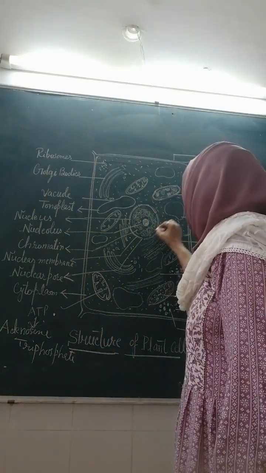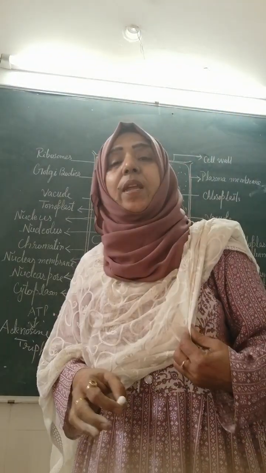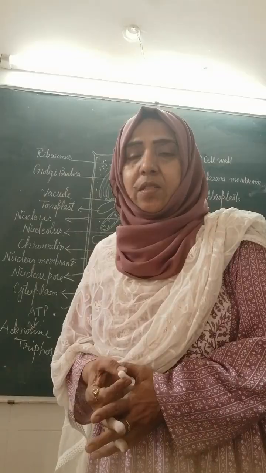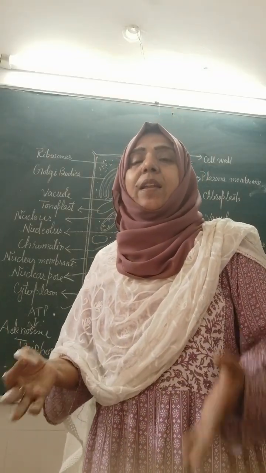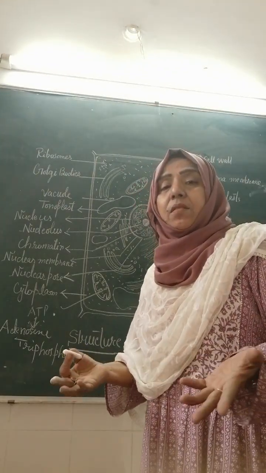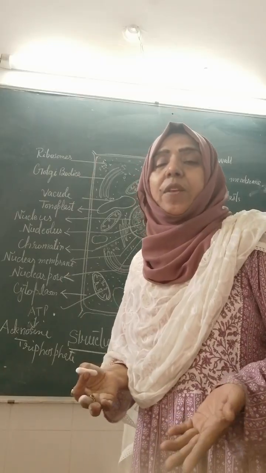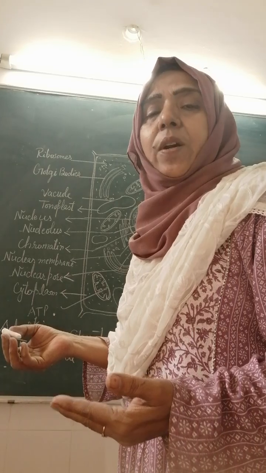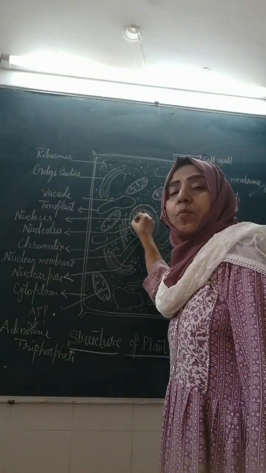So this chromatin network plays a very important role in transferring each and every character from parents to their offspring. Each and every character, that is type of plant, type of height, type of color. In case of animal cells, that is various features, such as color of eyes, color of hair, color of skin and height, are transferred from parents to their offspring with the help of these chromosomes or chromatin.